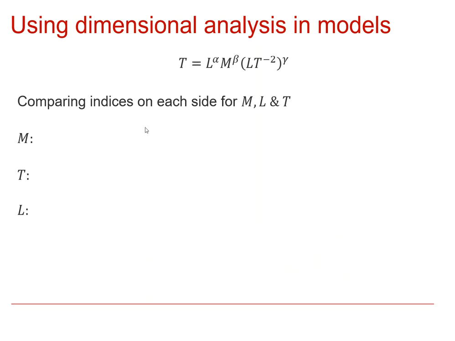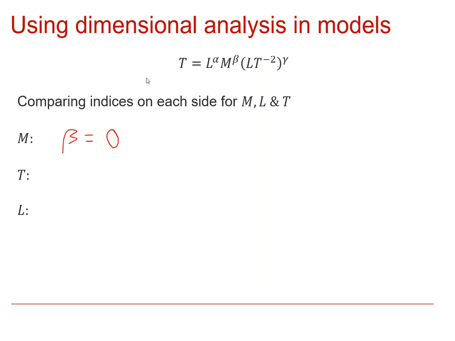So now what we'll do is compare the indices on each side of this structure that we think might represent the formula. So for mass, well, on the left we don't have mass, so on the right mass only appears here, so the only way that that can work is if beta equals 0.